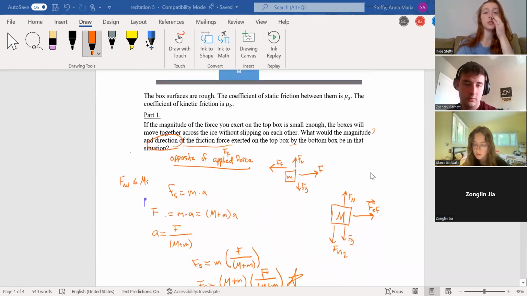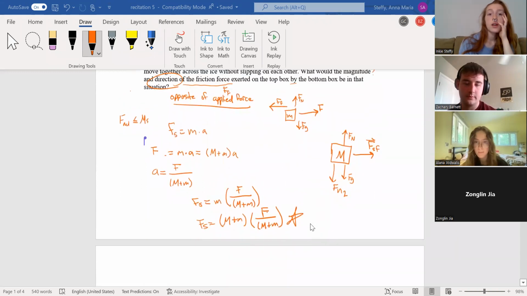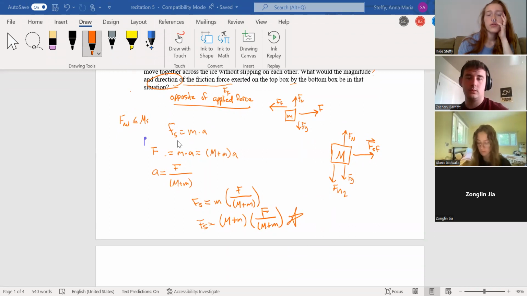Yeah, I couldn't get through this unless I drew these diagrams. This is the tiny box and that's the big box. I knew what I needed for my friction.